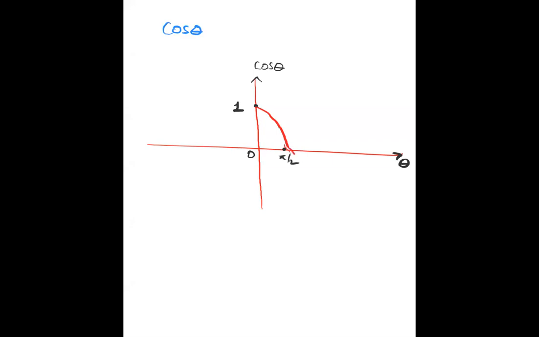And then for cos 180, it becomes negative 1. And then again for 270, it becomes 0. And again for 360, it becomes plus 1. This is the graph of the cos function. The same thing will repeat on the left hand side also.